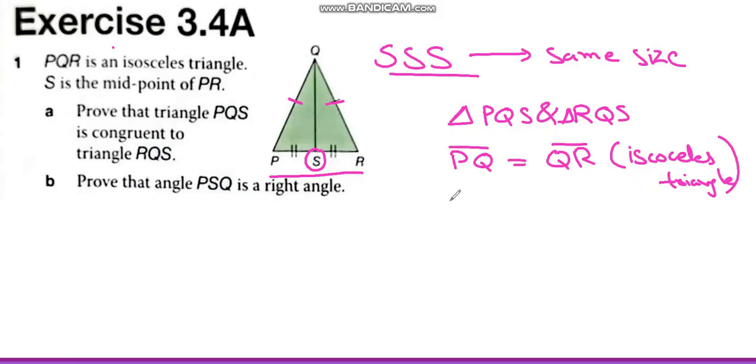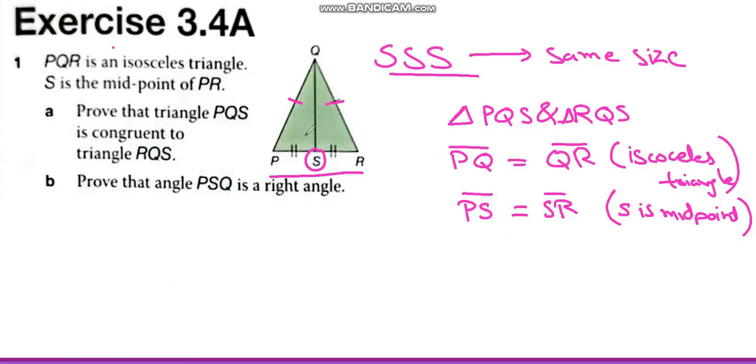Now we can also give the reason that as S is the midpoint of PR, the lengths PS and SR will be the same, means in these two triangles, PS and SR have the same size, because it's given that S is the midpoint.